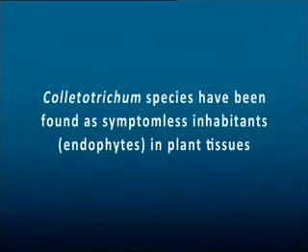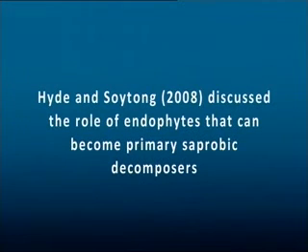Colletotrichum species have been found as symptomless inhabitants, that is endophytes, in plant tissues. Colletotrichum strains were isolated from healthy leaves and pseudostems of banana. Hyde and Soytong in 2008 discussed the role of endophytes that can become primary saprobic decomposers and act as latent infectious pathogens that cause diseases under specific conditions.